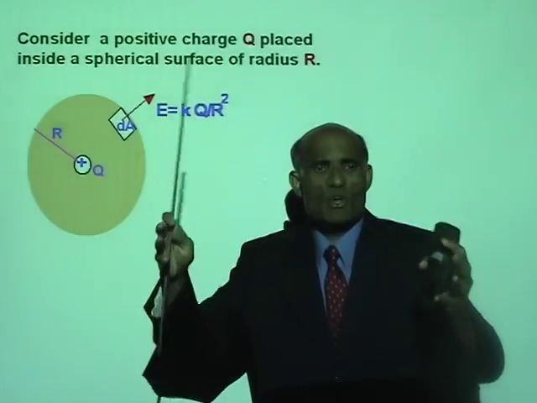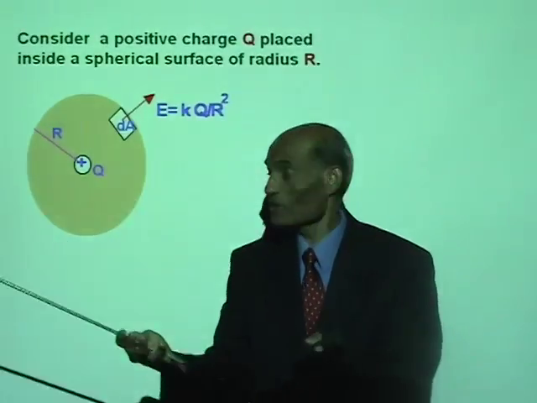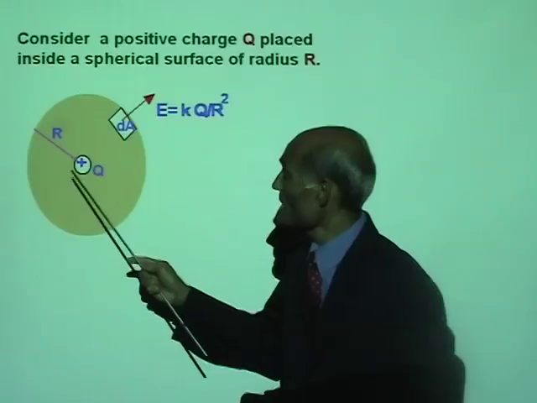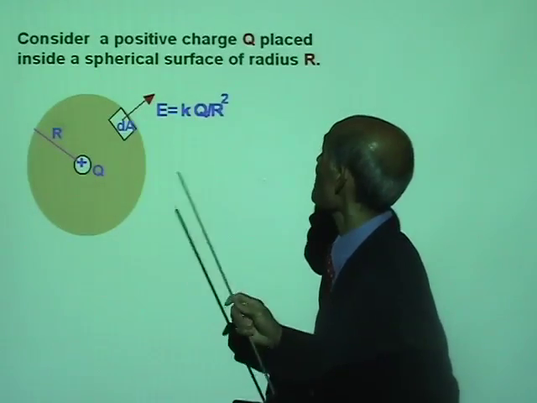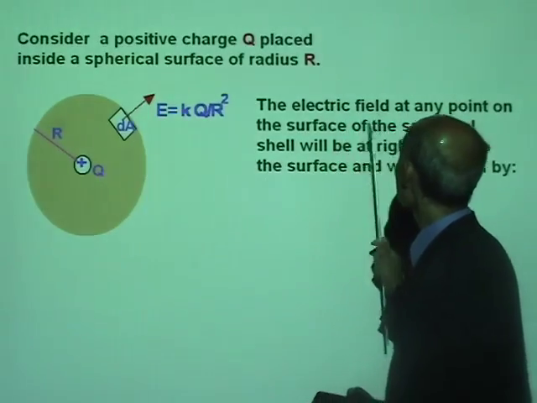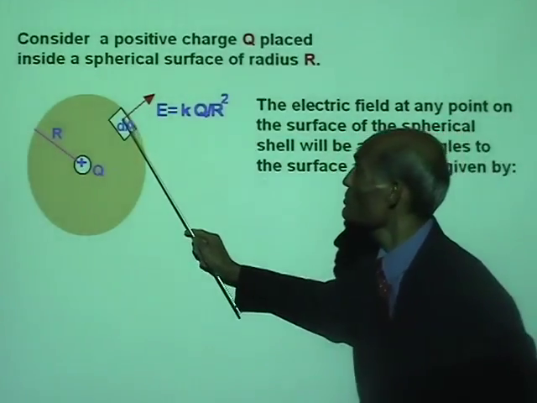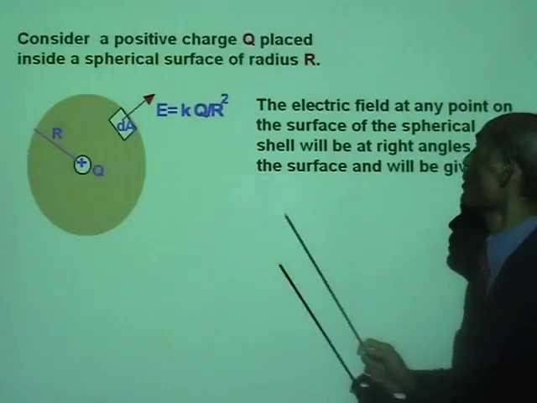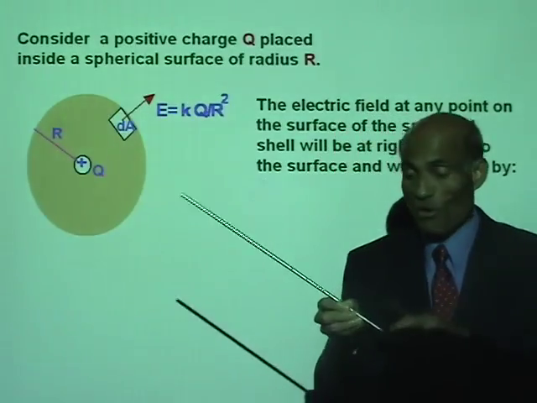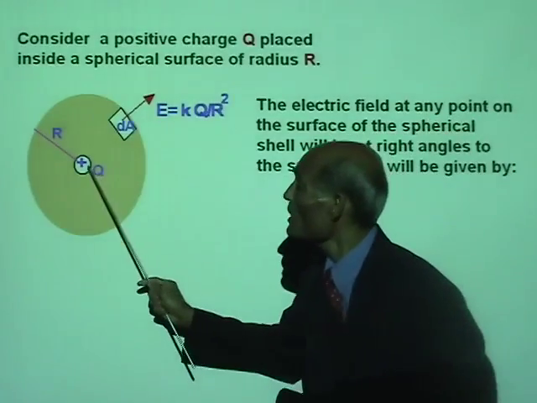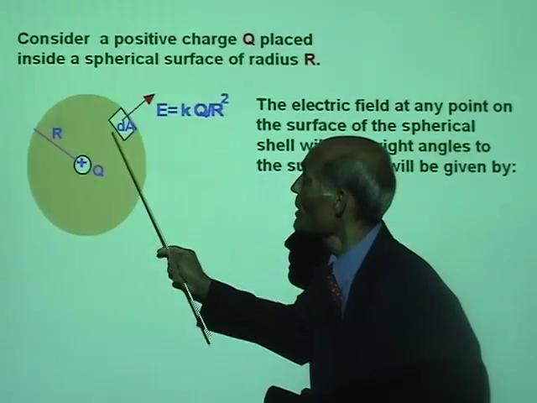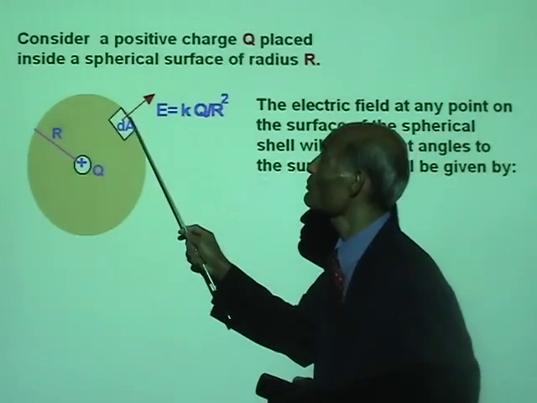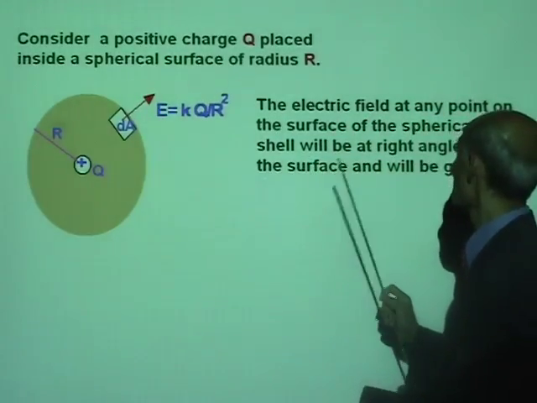Imagine, when I draw it, it looks like a flat surface, but it is a spherical surface of radius r, and you have a charge Q inside there, a positive charge Q. Now, the electric field at any point on the surface of the spherical shell will be at right angles to the surface, because all field lines that originate from the charge will be at right angles to the surface.